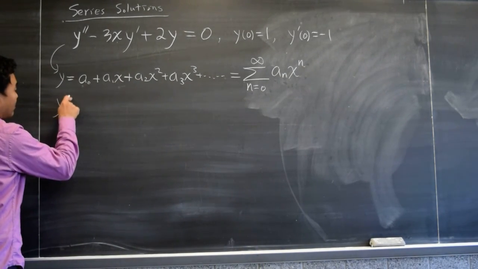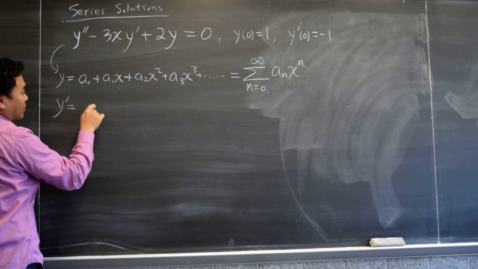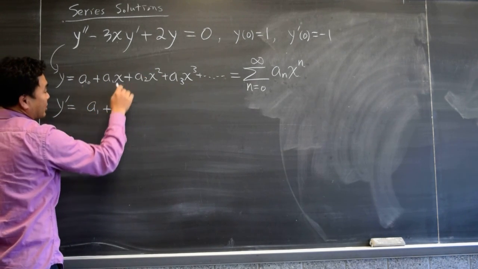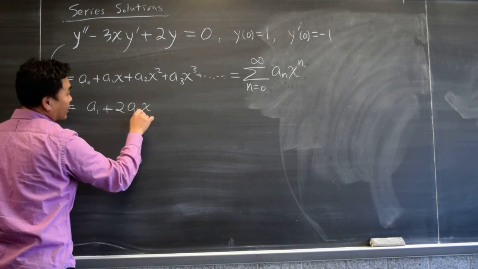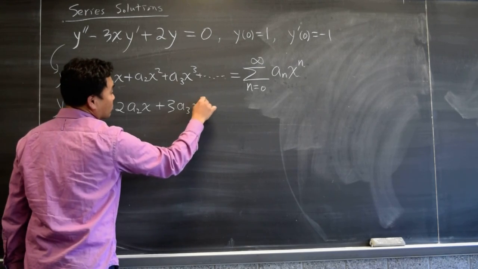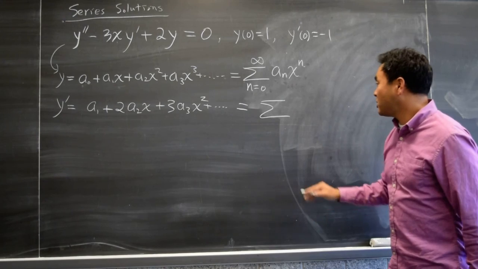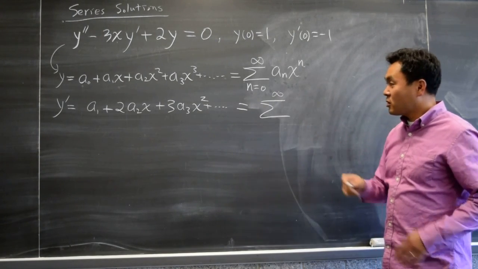Okay, now what's y prime then? If you differentiate, a0 becomes 0, this becomes a1, this becomes 2a2x, this becomes 3a3 x squared plus and so on. Now let's try to see how you can write it.